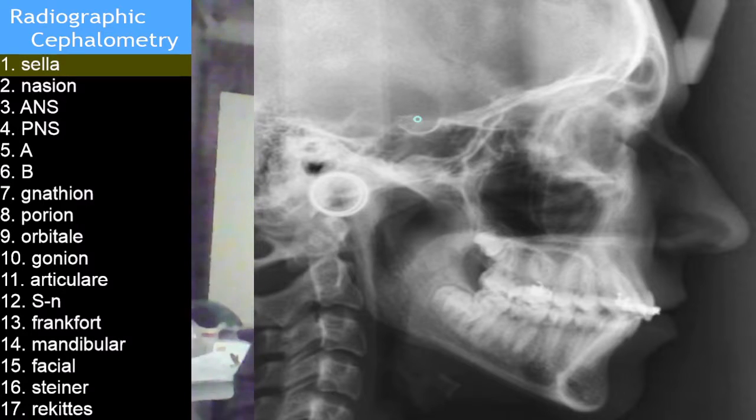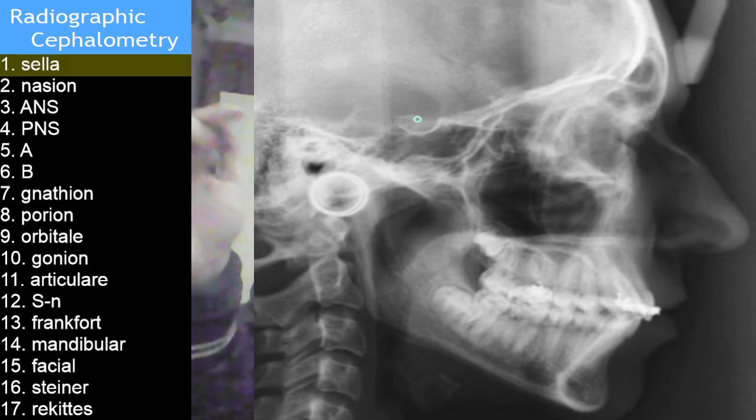To give you a quick review about this point, I will read to you some explanation about what the sella is and what it does, from the book.